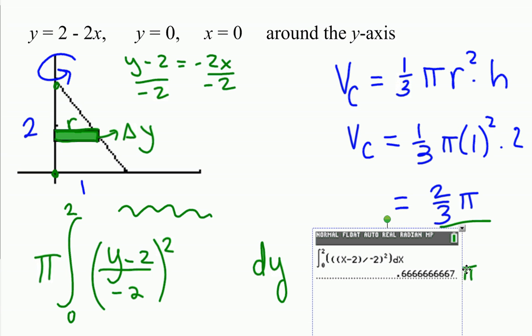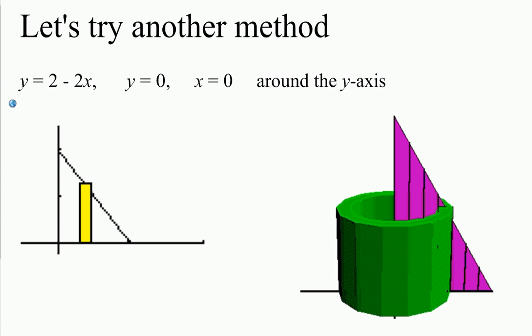Okay, so now we are going to do the shell method. Notice the difference here. The rectangle in the washer and disc method, in this case the disc method because there's no hole, is perpendicular to the axis it's going around. Whereas in the shell method, the rectangle is now parallel to the axis it's going around.